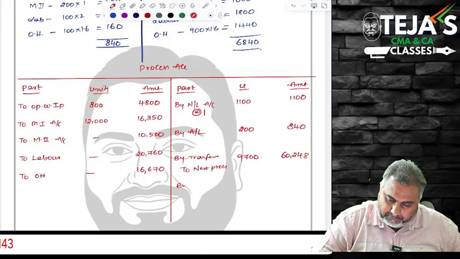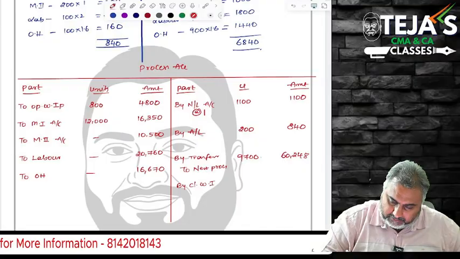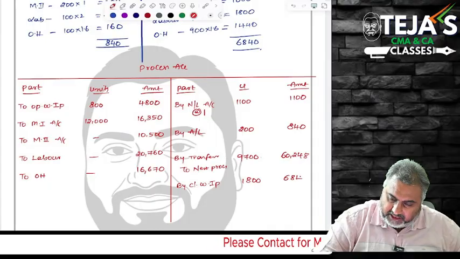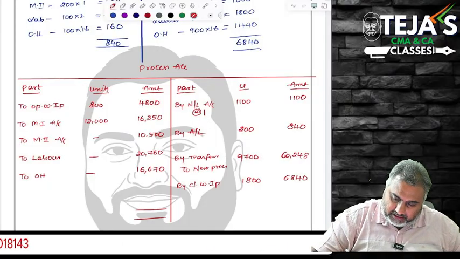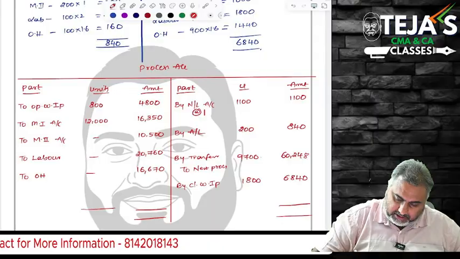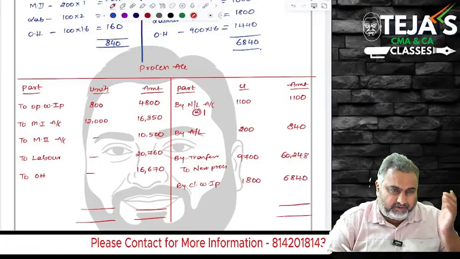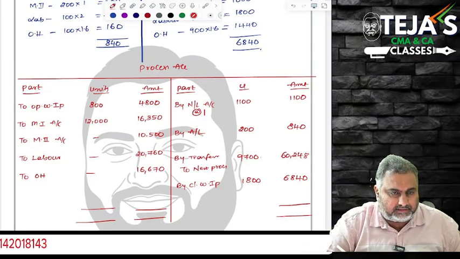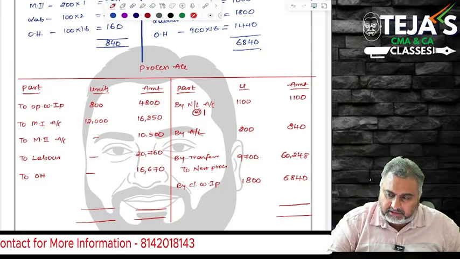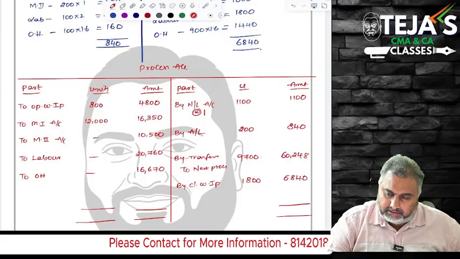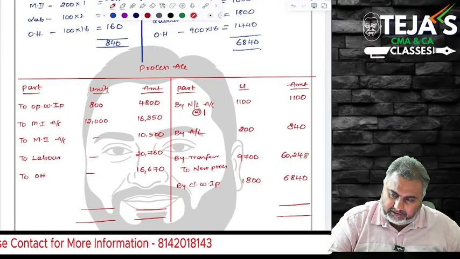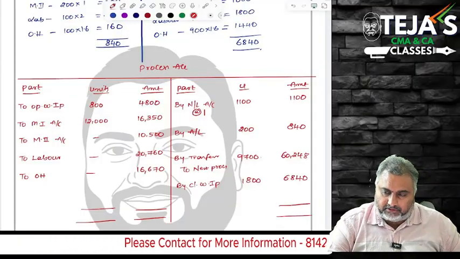Then write down here by closing work in progress 1,800 units, 6,840. Maybe you get a little difference because we got 1.399 and made it 1.4, and 1.605 we made 1.6. That's the reason we may get little differences. 60,248 plus 840 plus 1,100, totally 69,028 we are getting.